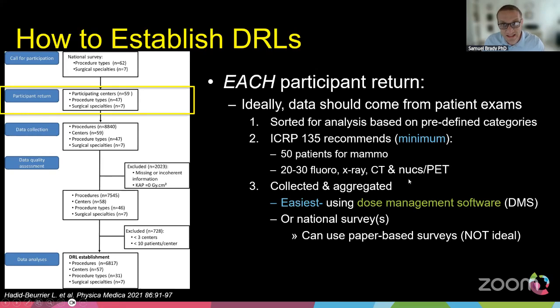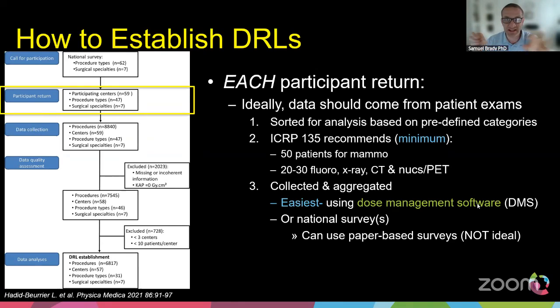Once that's all collected, then the NDIR can aggregate and perform statistics. So how do we get the data to the NDIR? Well, the easiest way is to use dose management software. These are software companies that generally reside or live at your hospital.